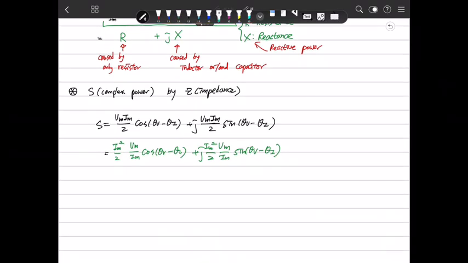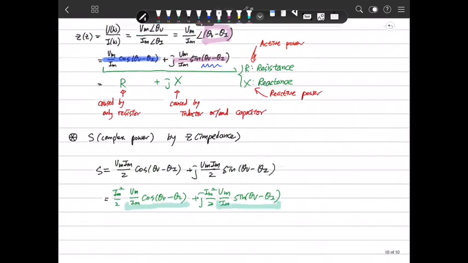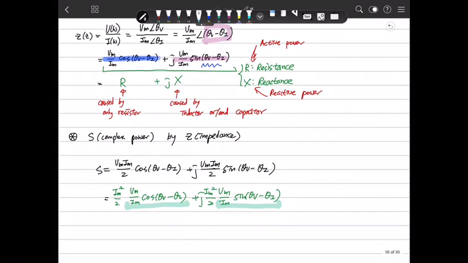Here Z was Vm over Im cosine(theta V minus theta I) plus j Vm over Im sine(theta V minus theta I).